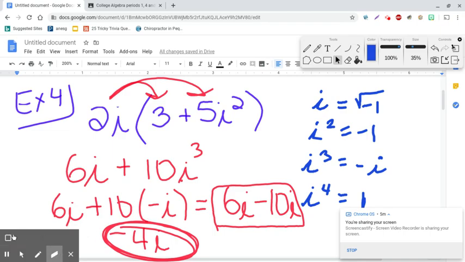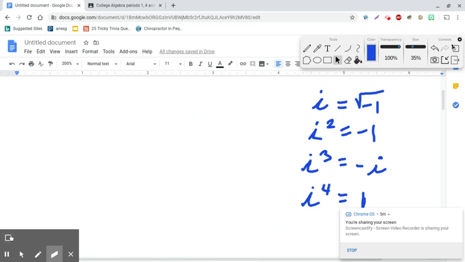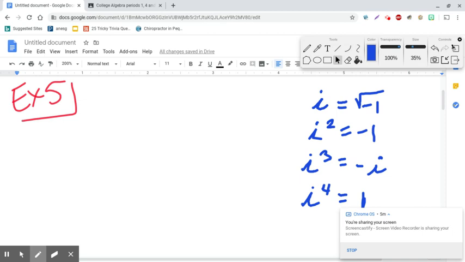All right, example 5. All right, let's go with 6i times 2i plus 3i squared.